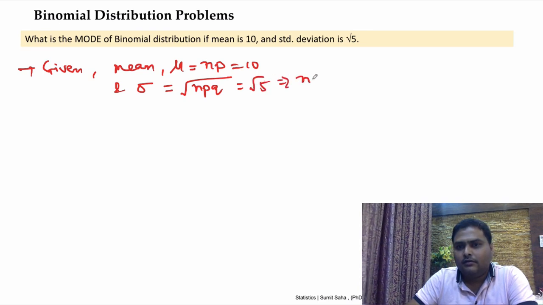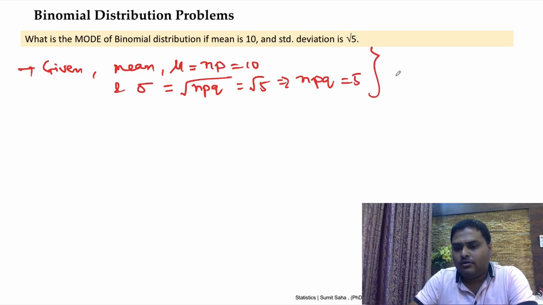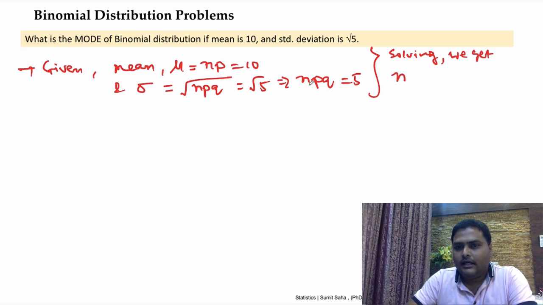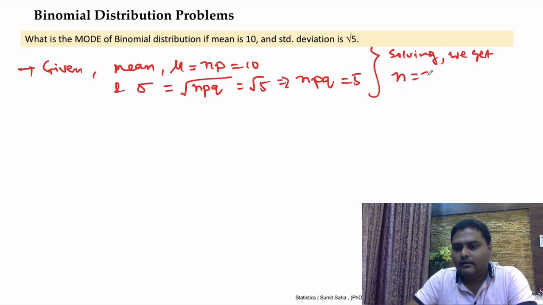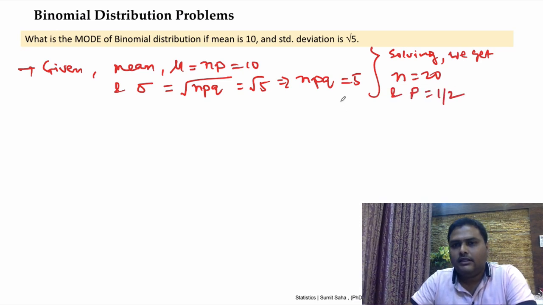So squaring both sides, npq equals 5. Solving, we get n equals 20 and p equals half. Correct? So np equals 10, putting np equal to 10, so 10q equals 5. Correct?